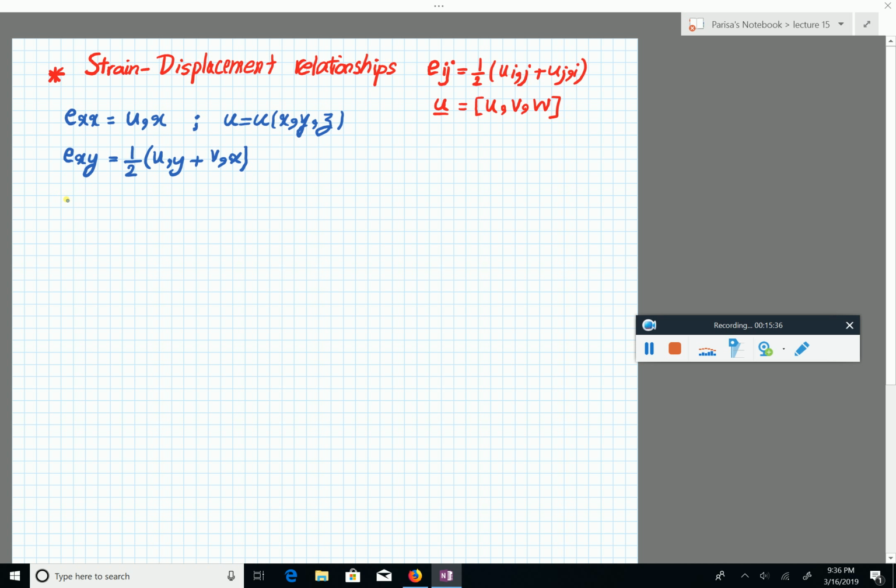Eyy is v comma y. So again, we still don't know. In general, v also can be a function of x, y, and z.